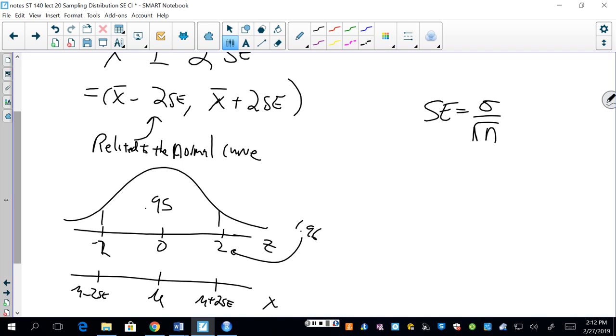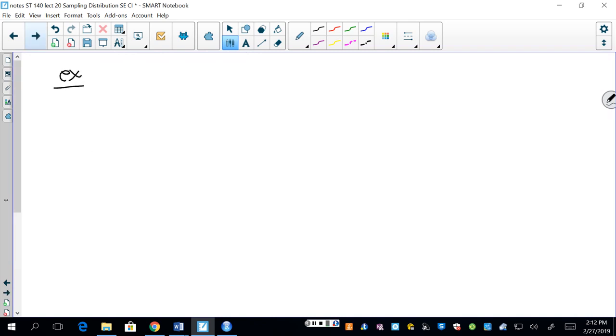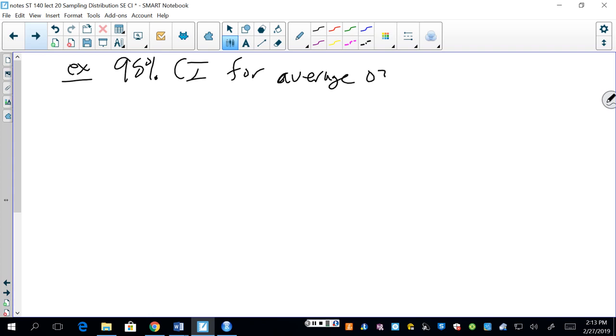But what we would do with this interval, let's do one numerical example. Let's do a 95% confidence interval for average ozone. Let's do first a sample of size 10 and see what we get.